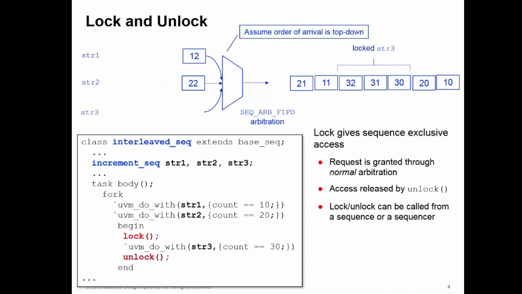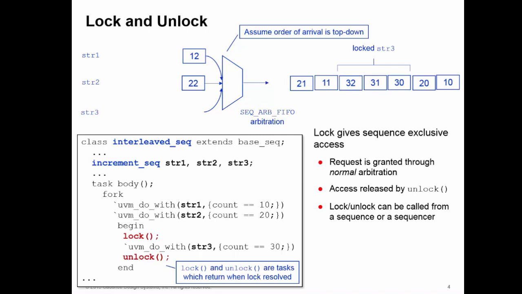So the key thing about the lock is once the lock is granted through normal arbitration, then the lock grabs control of the sequencer until it is unlocked. So here you can see that all 3 data items from stream 3 appear together in the output of data items representing the lock that stream 3 had.